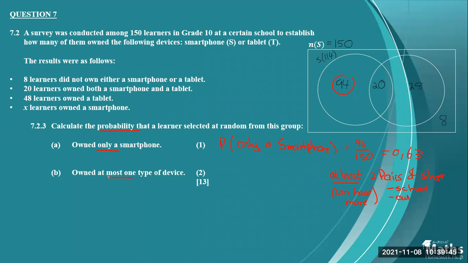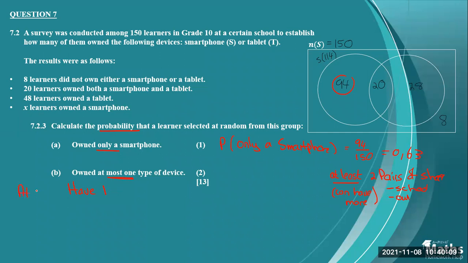What if they ask you at the most, you must have one type? Let's understand that. At the most, they will have one.